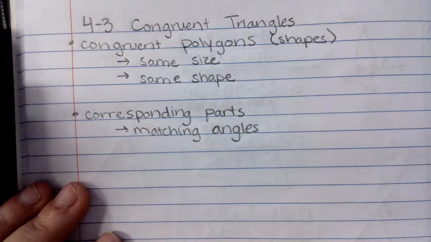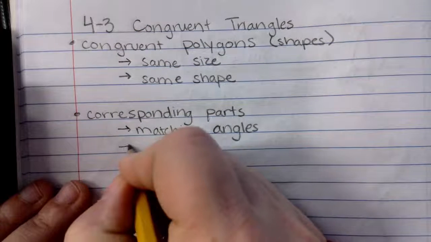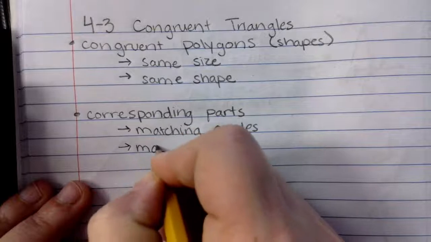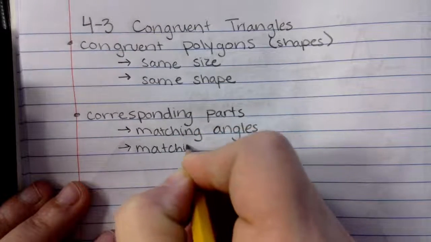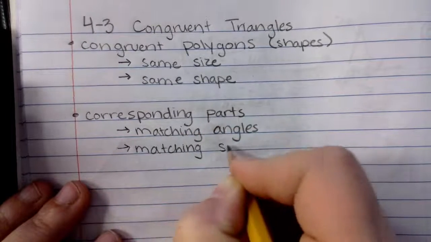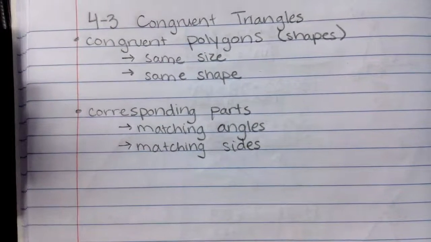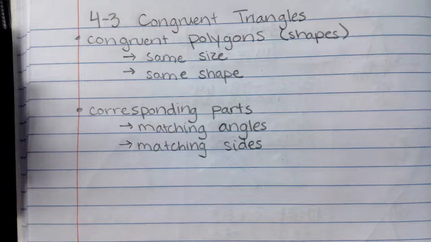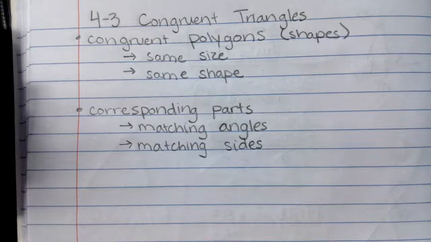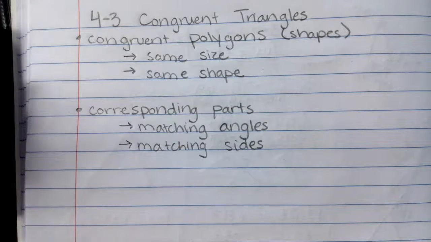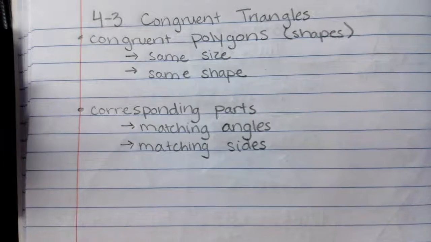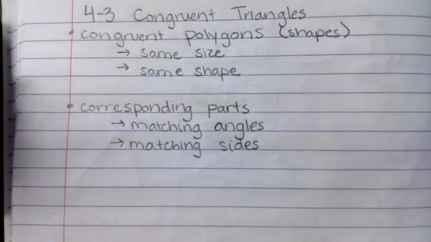So remember, we're talking about a shape here. We're not going to be talking about circles, 'cause all circles are not congruent necessarily. I'll take that back. But when we ask what parts are corresponding, we're looking between one shape and the other shape and seeing which parts match, which angles match, which sides match.